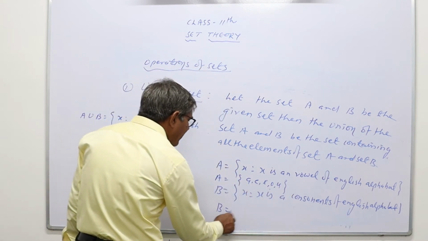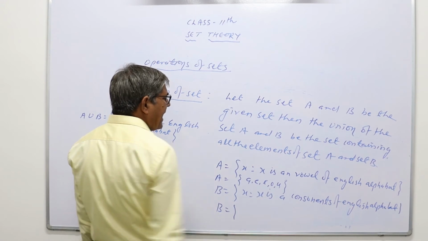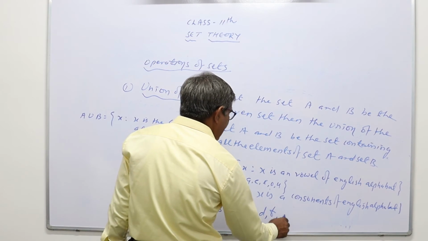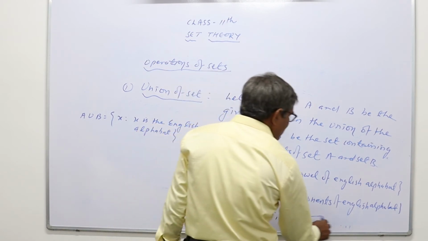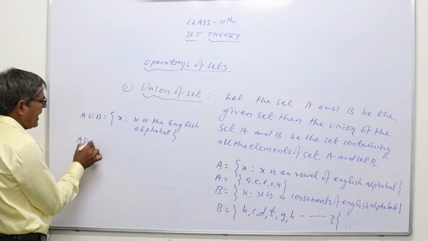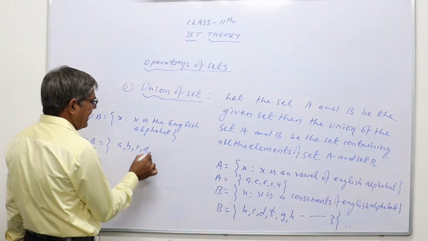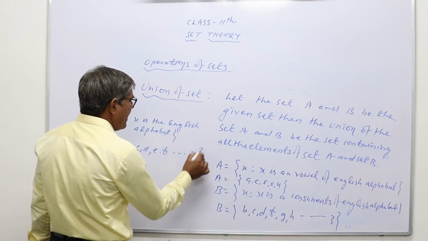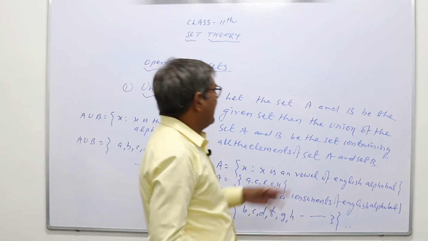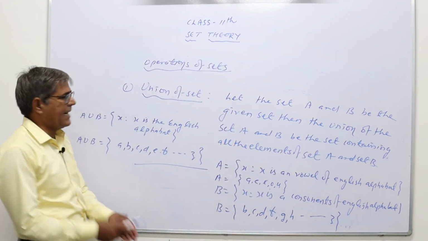Similarly set B will be all the alphabet except A, E, I, O, U, so B, C, D, F, G, H, and so on up to Z. So A union B means we have to write all the English alphabet, that is A, B, C, D, E, F, and so on up to Z. So the union of the given sets is the set containing all the elements of the given sets.